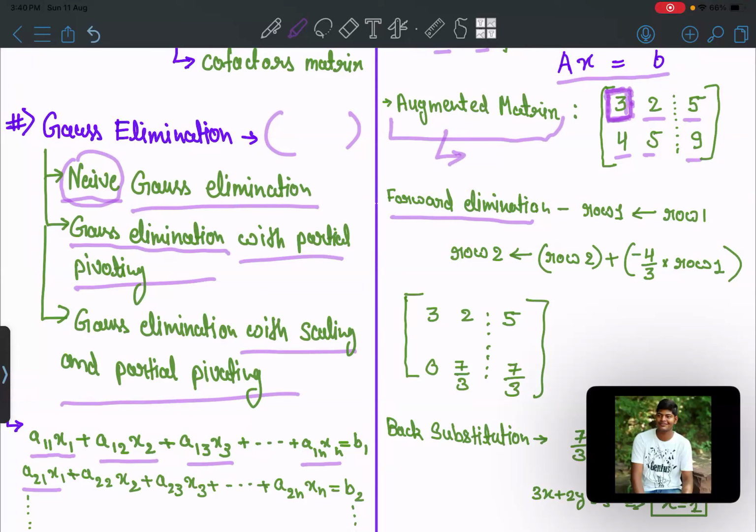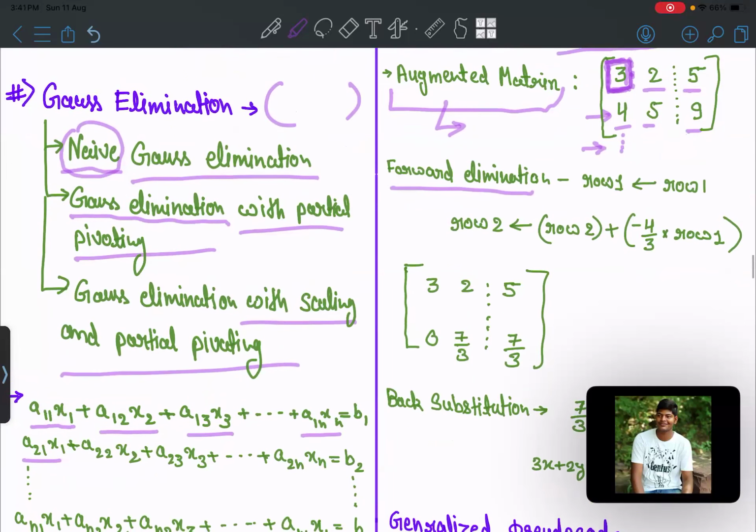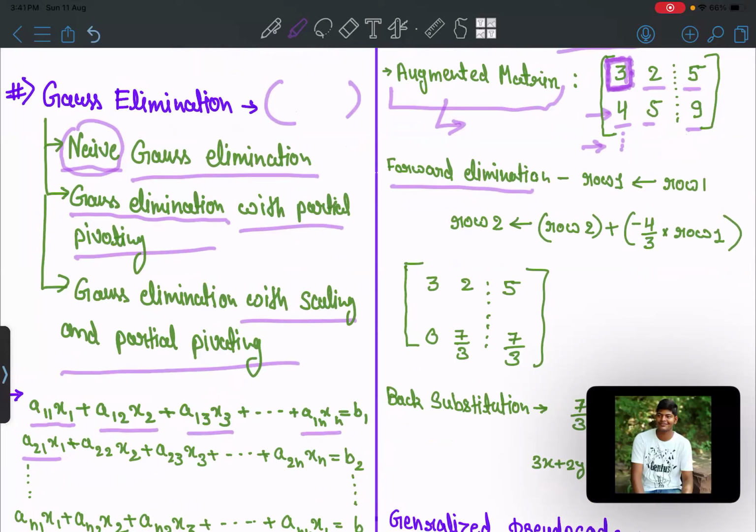Then we try to make all values in the pivot element's column below it equal to 0. How can we do that? Here, suppose 3 is the pivot element. How can we make it 0?